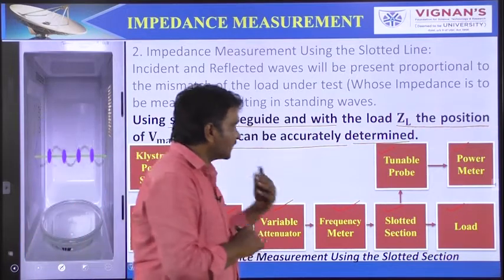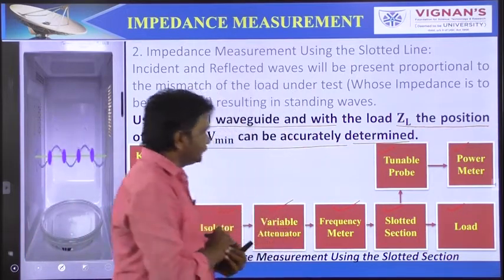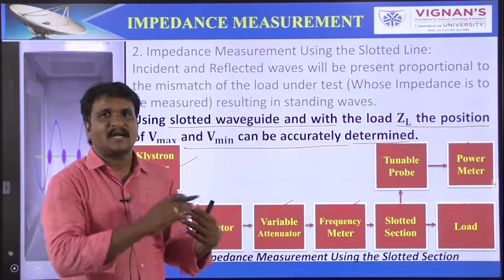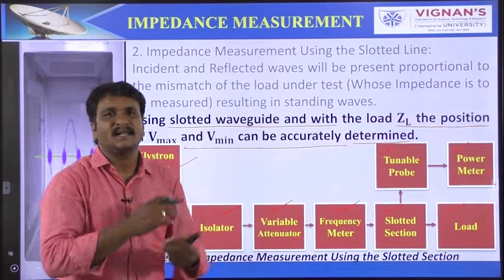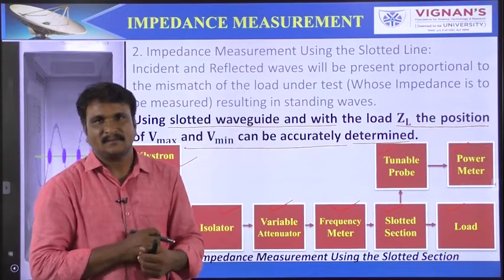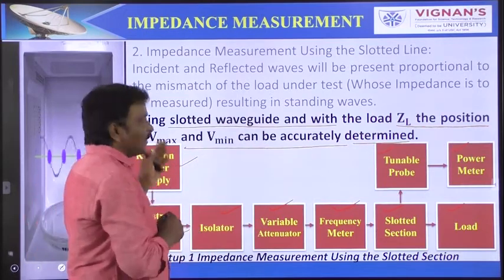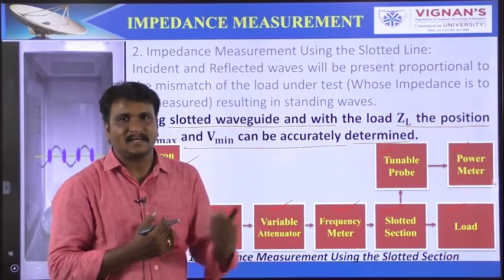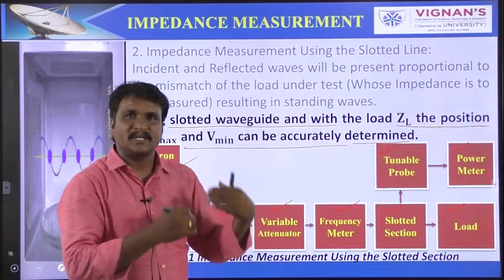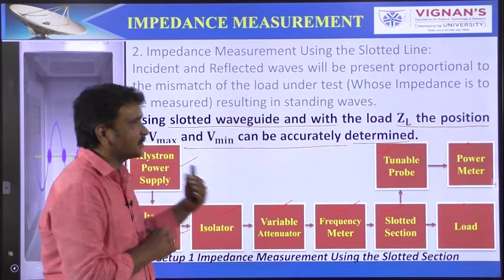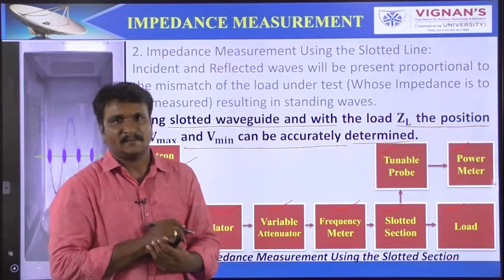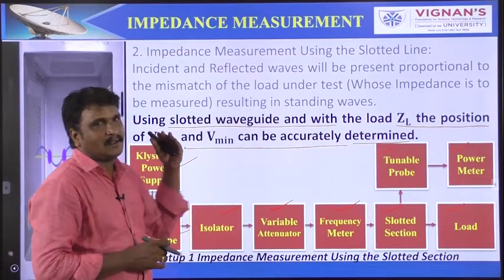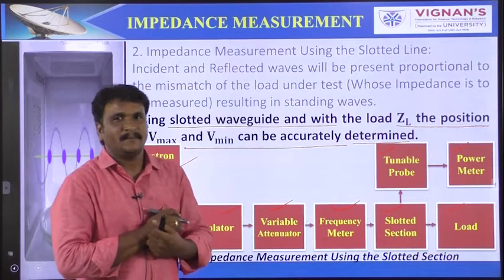Once you get the saturation current, you have to apply the beam voltage. Vary the beam voltage until 280 or 300 based on the requirement. Then check that your current is 20 milliamps or below; it should not exceed 20 milliamps.